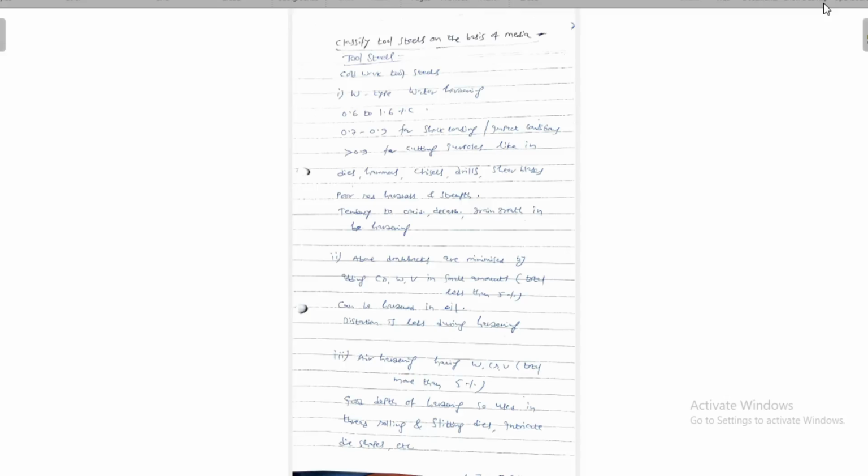In the case of high carbon steel, we already saw the hardening treatment given to plain carbon steel.